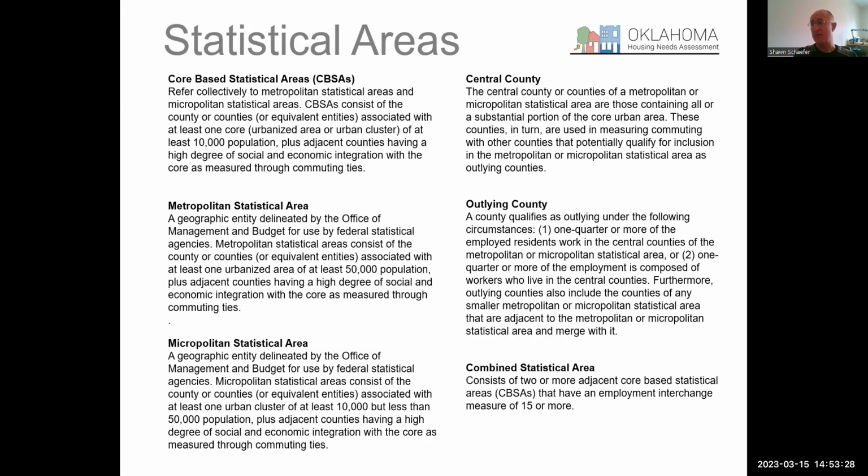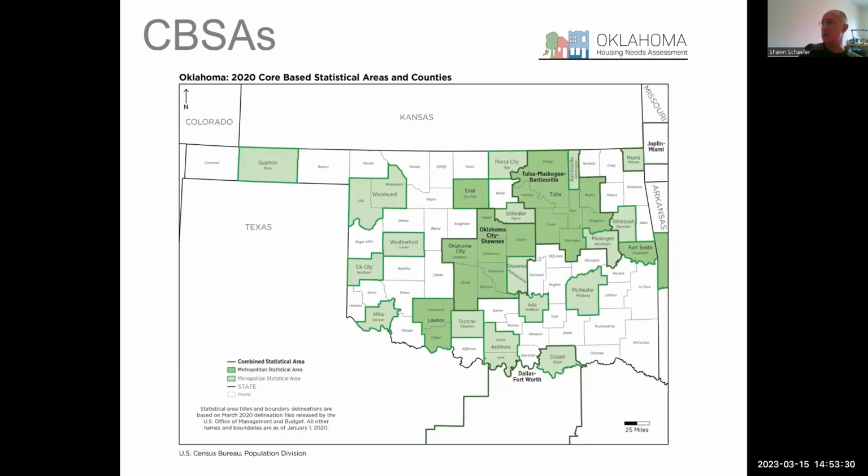And we have some of each of these in Oklahoma, so I'm going to show you the map here. There are 5 metropolitan areas in Oklahoma: Tulsa, Oklahoma City, Lawton, Enid, and then Fort Smith, Arkansas, where Sequoyah County is an outlying county to that metro area.